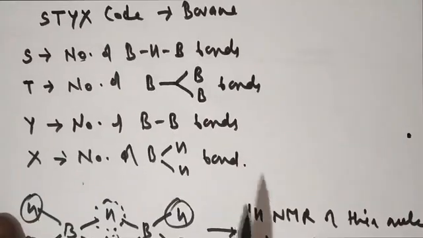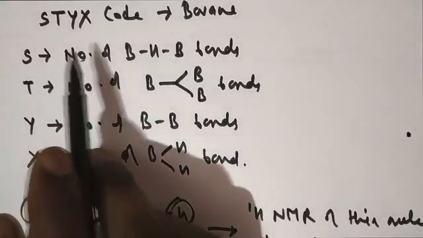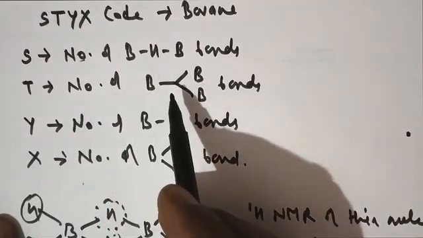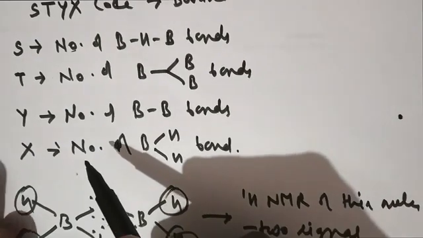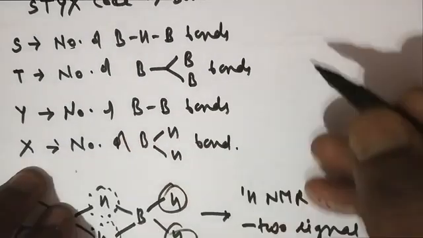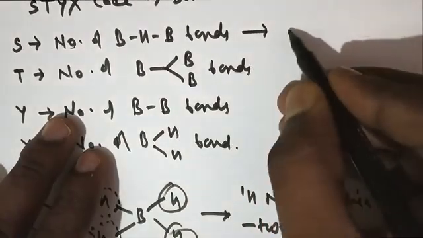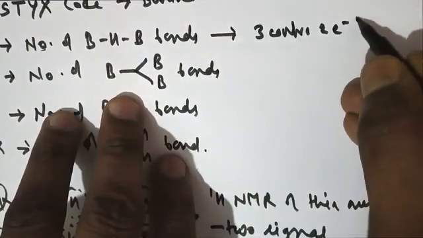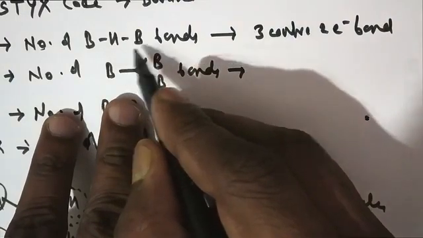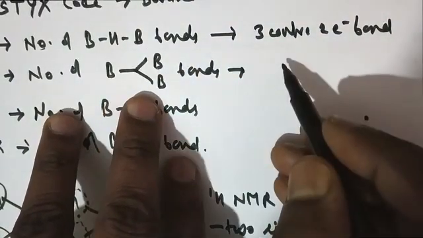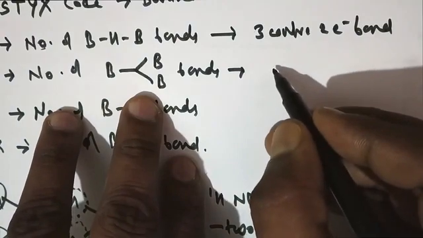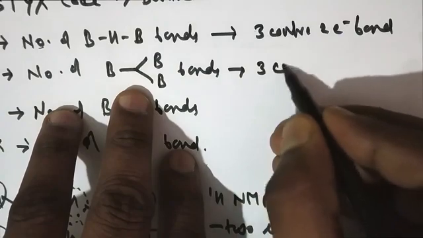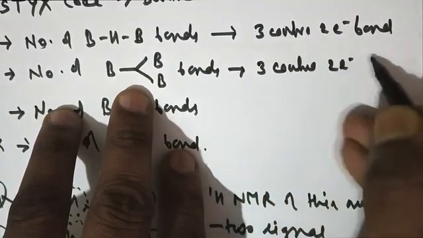Now again we will come to our previous topic, STYX code, where STYX represents the different types of bonds present in the B2H6 molecule. Now we will proceed from here. The BHB bond can also be named a 3-center 2-electron bond. If you are writing a BBB bond, this type of bond is also considered a 3-center 2-electron bond.